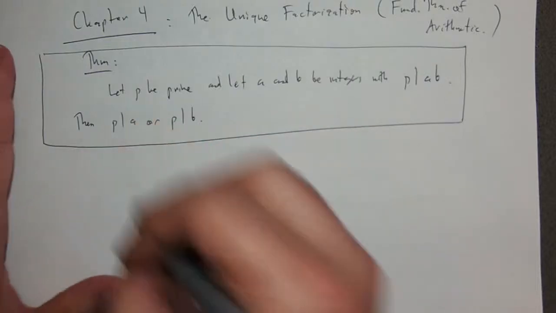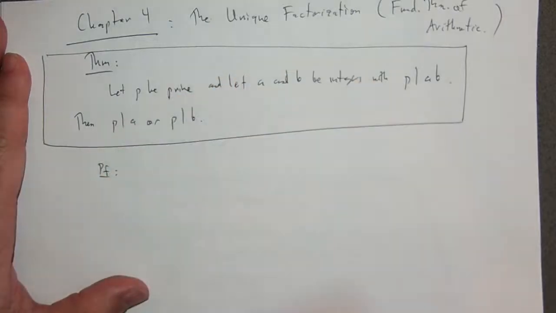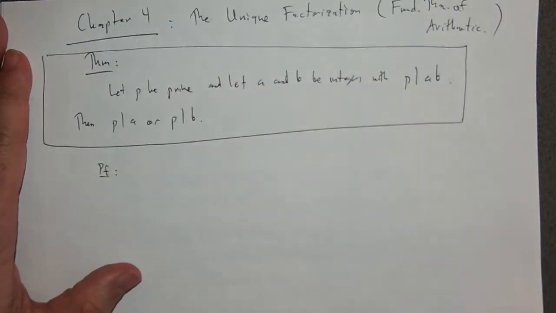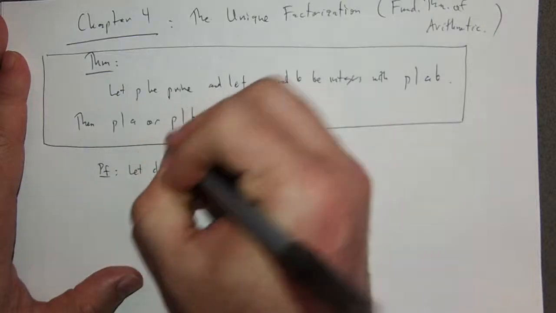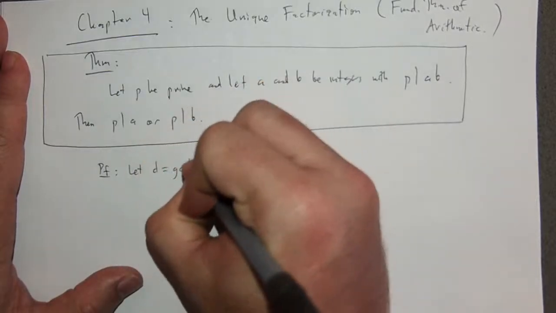To see how this works, I make use of the fact that the GCD is expressible as a linear combination.